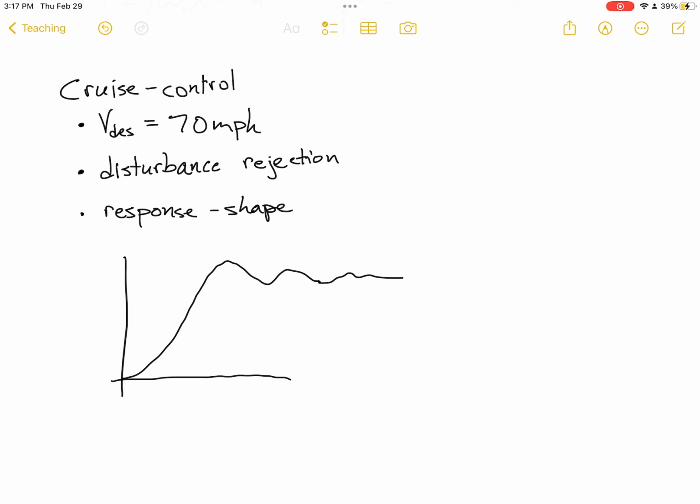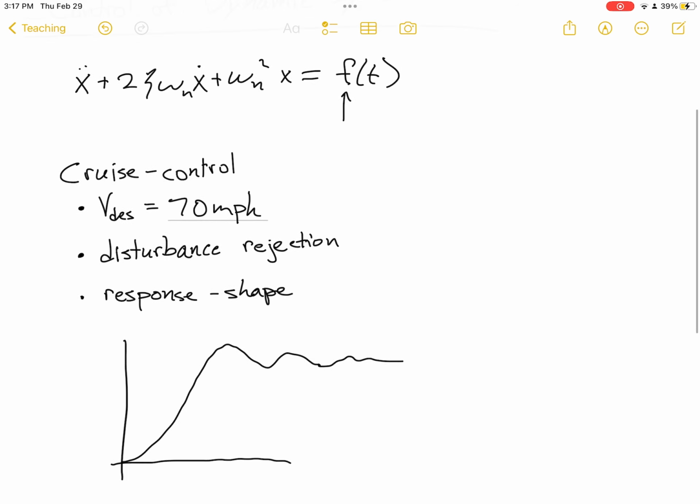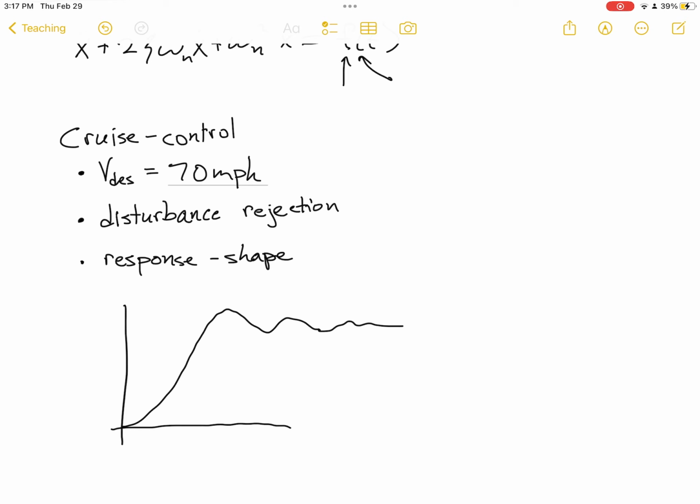But if we pick this force f of t correctly, we can actually change an underdamped system into maybe a critically damped system or even an overdamped system, and vice versa. We have some decisions and some level of choices that we can make to change the behavior of a system, honestly, with a computer, with a couple lines of code.